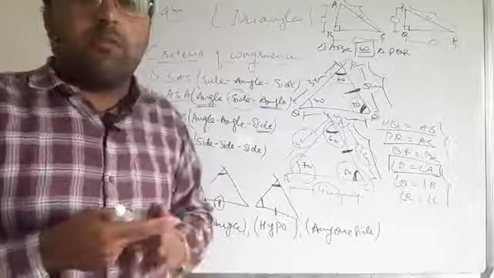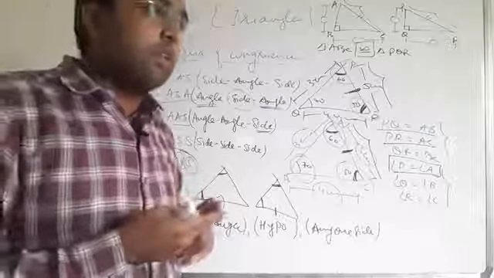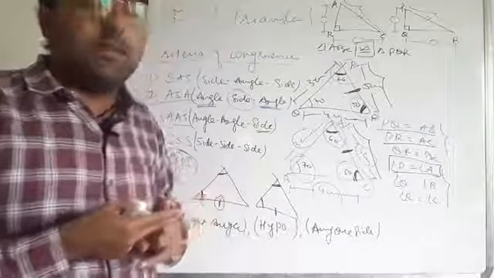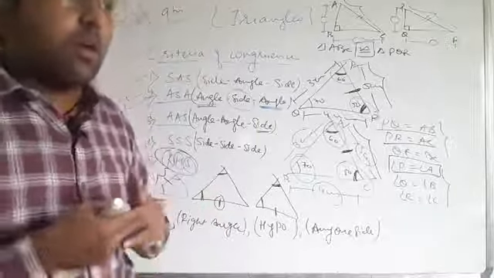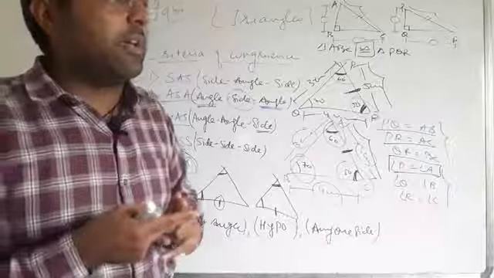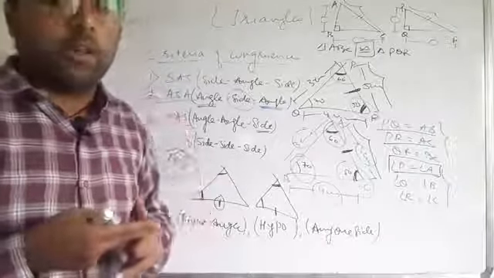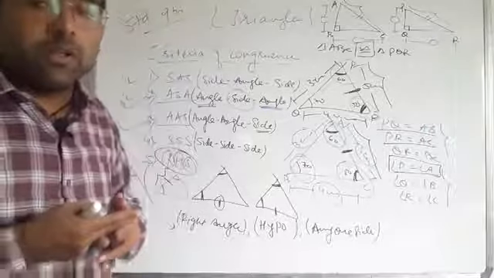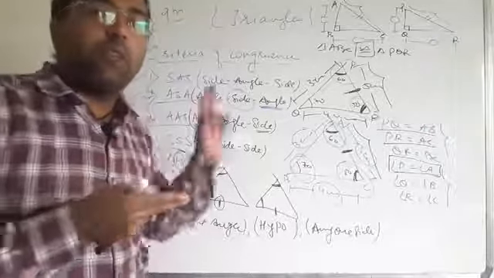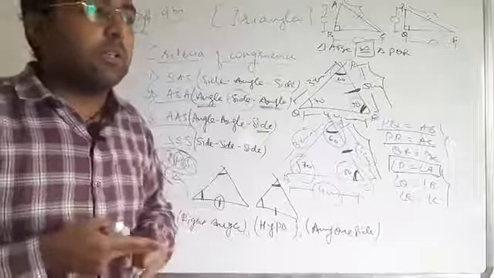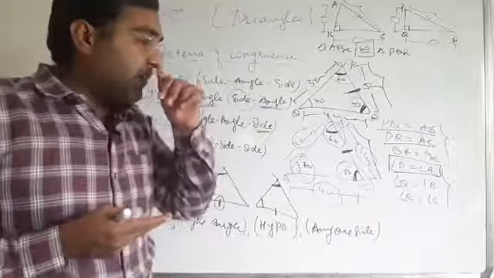Now in congruency, we must check all the things of the figures. If angles or sides are given in the figures, then all the angles and all the sides must be equal to each other. After that, we move to the criteria of congruency.